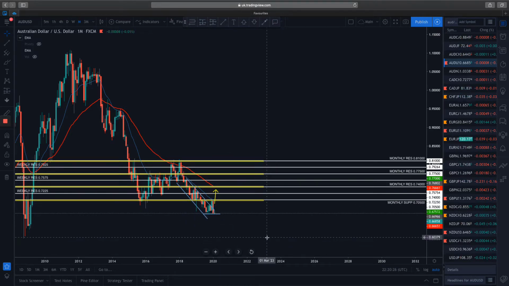And because of everything that's going on in China at the moment, people are moving all of their money to safe havens. So this will affect the Australian dollar, this will affect the Canadian dollar, this will affect the US dollar, this will affect the Aussie dollar as well. So it is interesting.